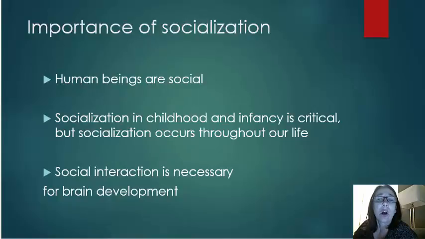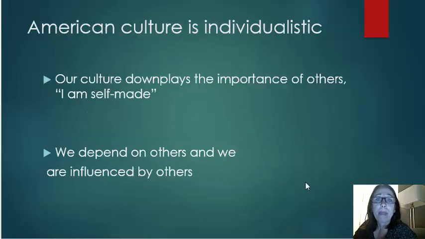So human beings are social animals, and socialization in childhood and infancy is critical, but socialization occurs throughout life, and social interaction is necessary for brain development, and it's also necessary for mental health as we grow older.